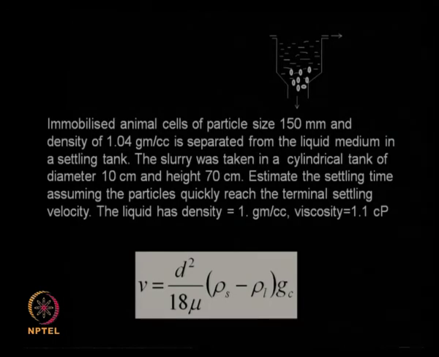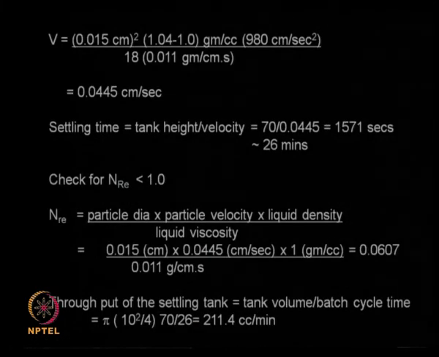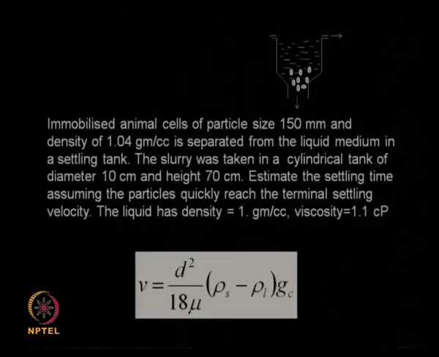So you would like to perform a certain settling operation, so we have some immobilized animal cells of 150 mm, okay, sorry, it should read 150 micron, and density of 1.04 grams per cc, and you would like to separate it from the liquid medium in a settling tank.